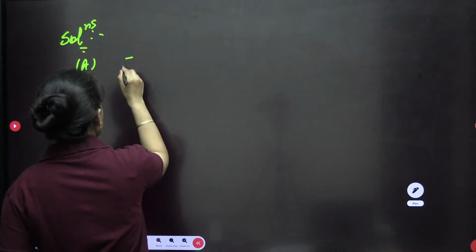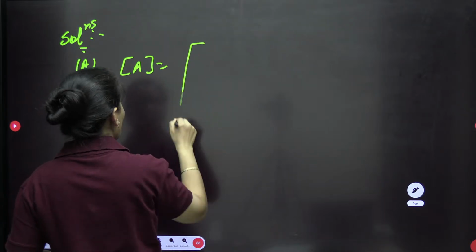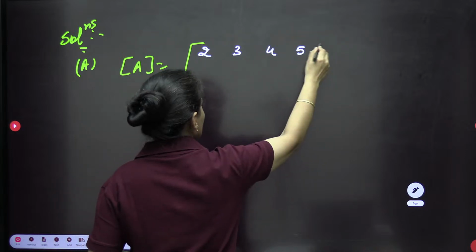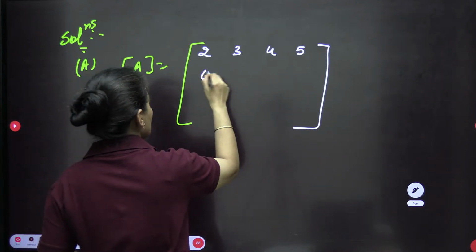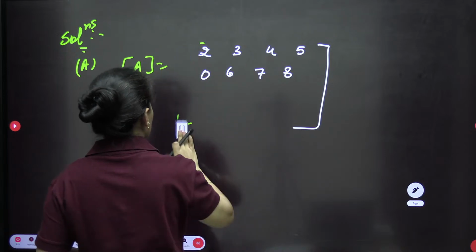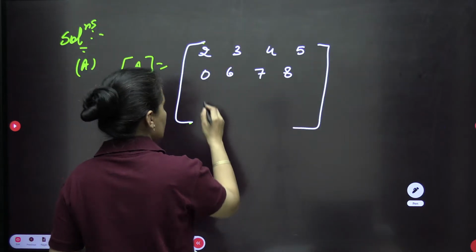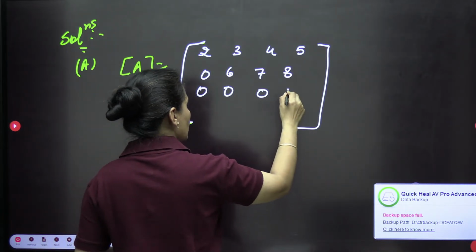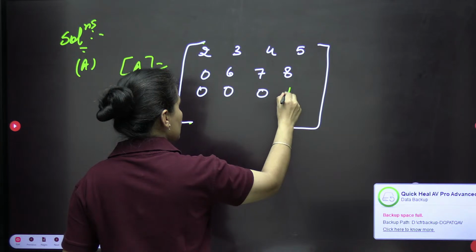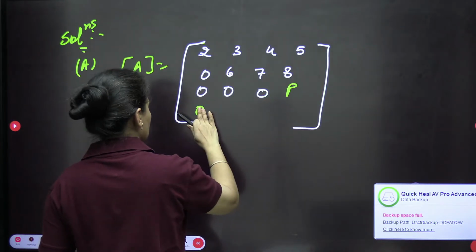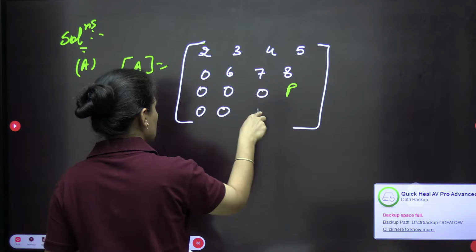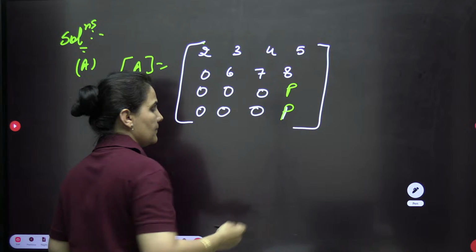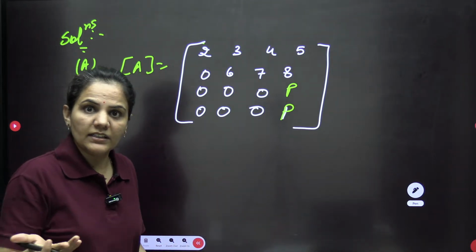So I am writing the matrix A using option A, which is alpha 0: 2, 3, 4, 5; 0, 6, 7, 8; 0, 0, alpha you can put 0; and beta, let us assume I am putting P; 0, 0, 0, and at the place of gamma as well I am putting P. I need to check what the rank is here.